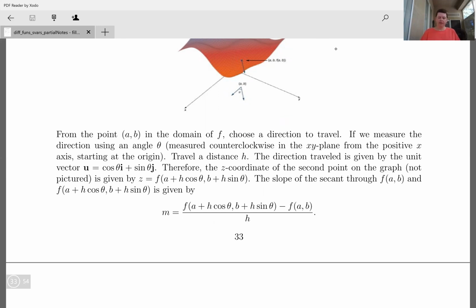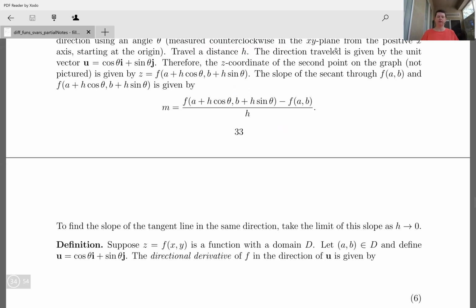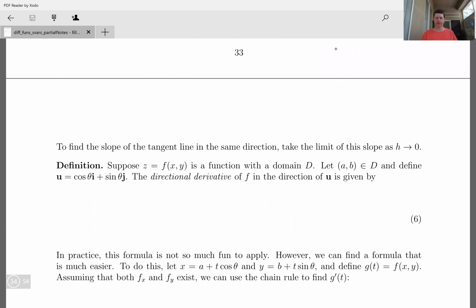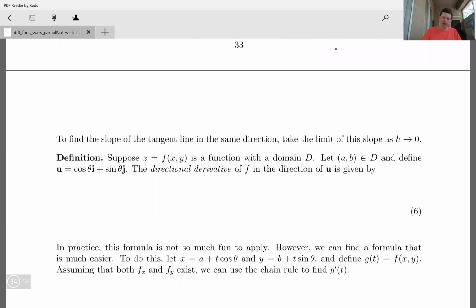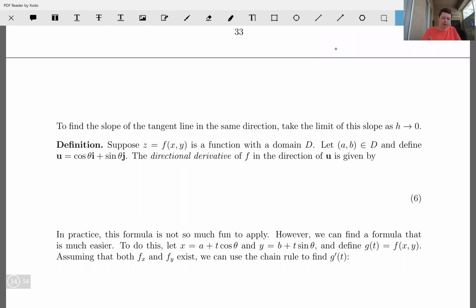To find the slope of the tangent line in the same direction, we take the limit as h goes to 0. Suppose z equals f of (x, y) is a function with domain D. We can let (a, b) be a point in said domain and define the unit vector u as cosine theta i plus sine theta j.